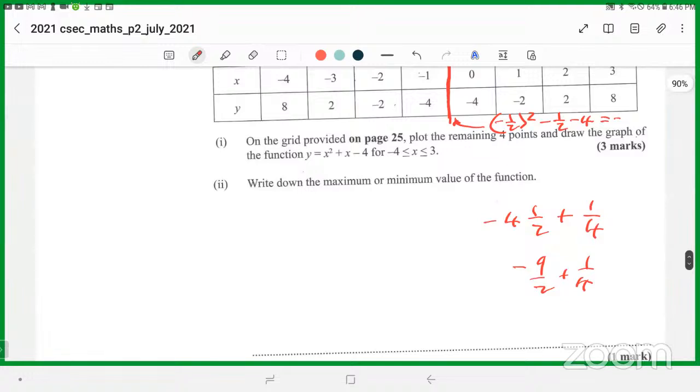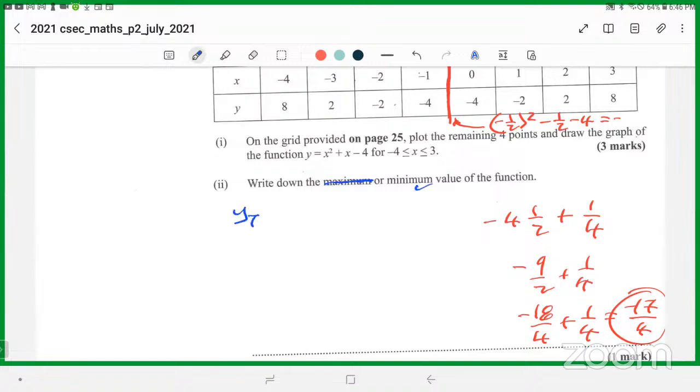This is minus 18 over 4 plus a quarter. That is minus 17 over 4. So that becomes your minimum value. It's a minimum. So I'm going to cross this out. It's going to be a minimum.